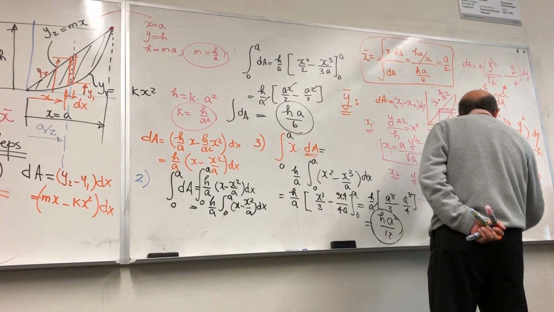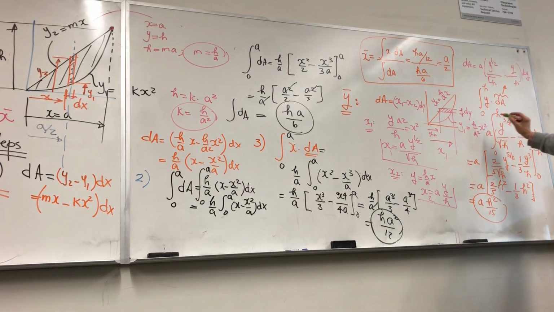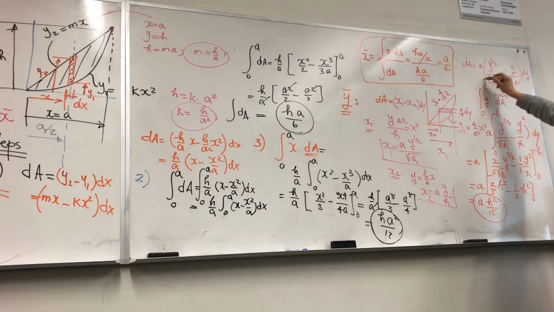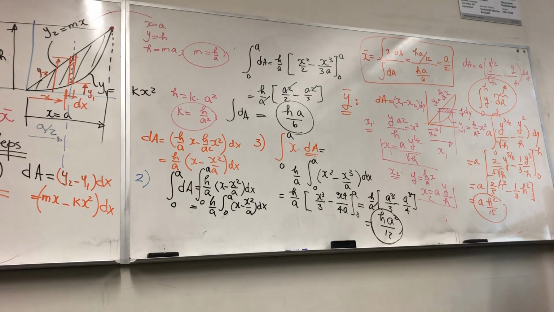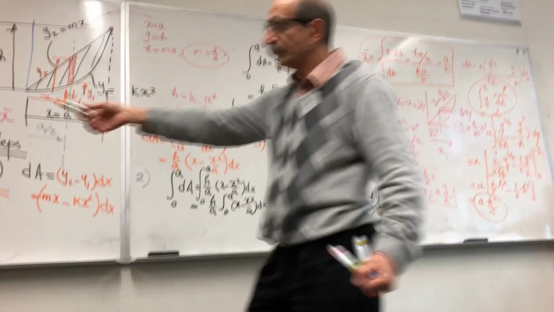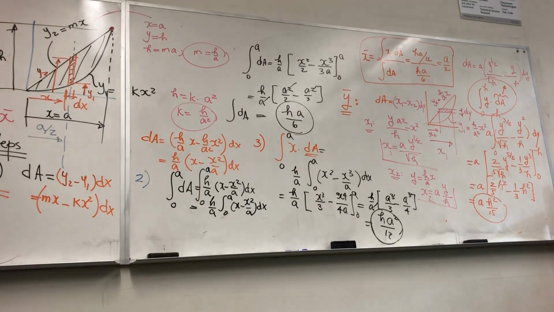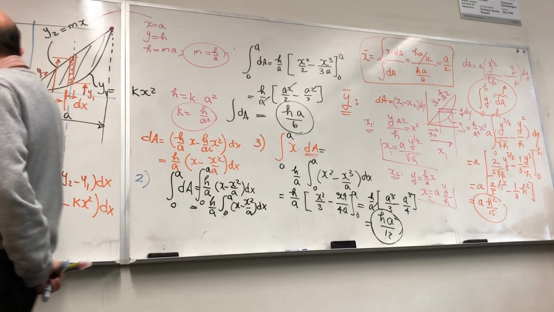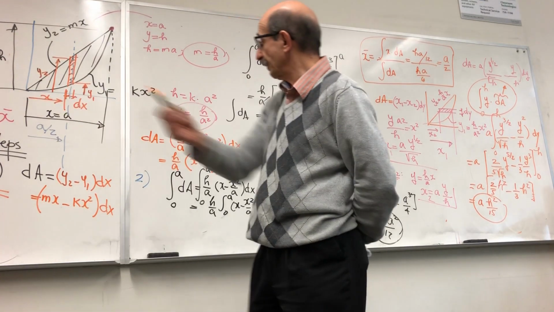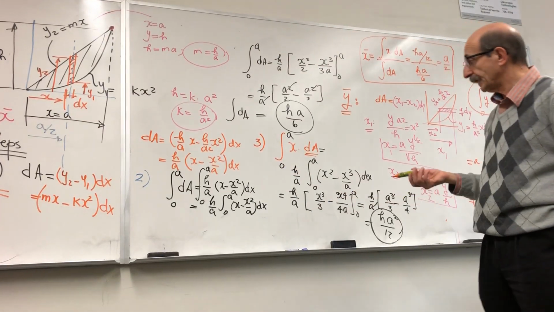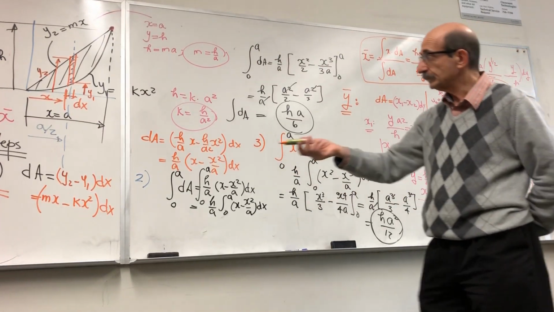So this is this integral. In order to find y bar, you just need to divide that by the total area, which you had already evaluated from step 1. We have that here.